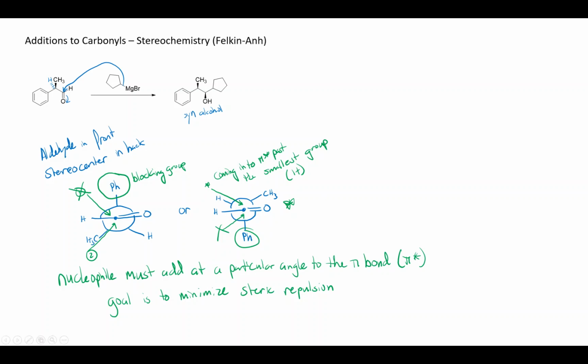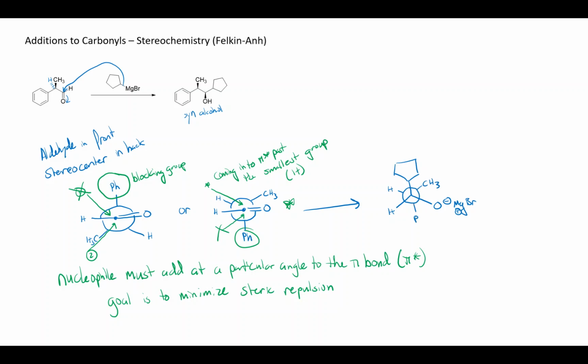What this leads to, when the nucleophile comes in that direction, is that our nucleophile, which is a 5-membered ring, ends up here. The hydrogen gets pushed down just a little bit. We end up with this O minus pushed down just a little bit. And then the back carbon, no reaction is occurring there.